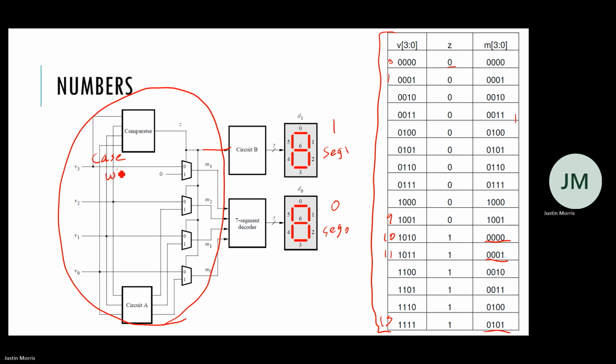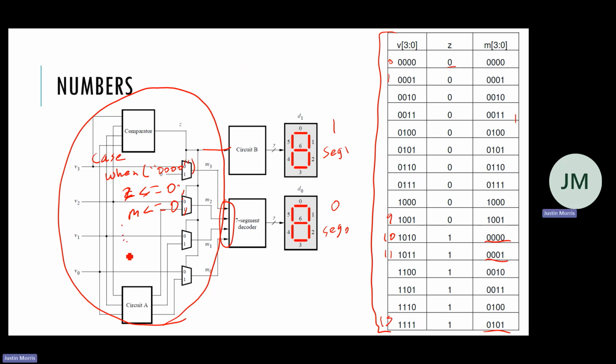When V is 0, then Z is 0, and M, which is going to be my input into seg 0, is also just 0. And I'm going to have 16 of these cases.